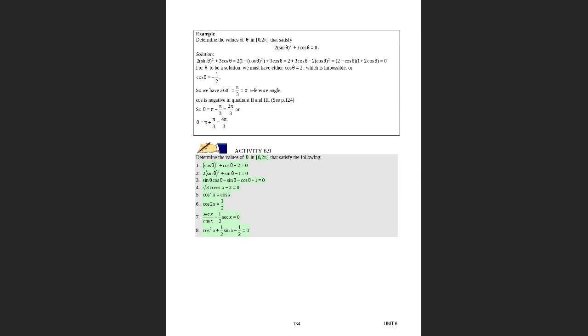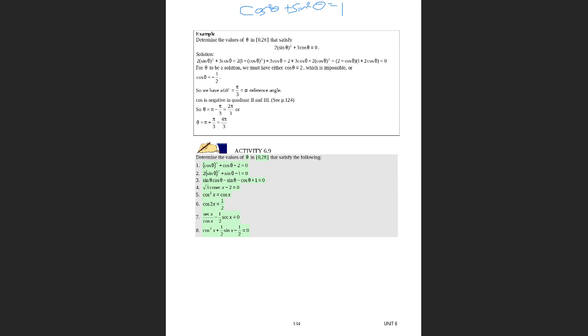You have to remember that we can easily convert this into a quadratic equation because we need to use this important identity: cos squared theta plus sine squared theta equals 1.